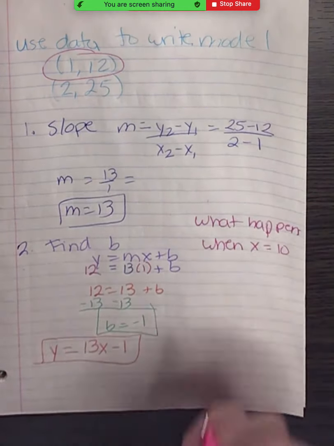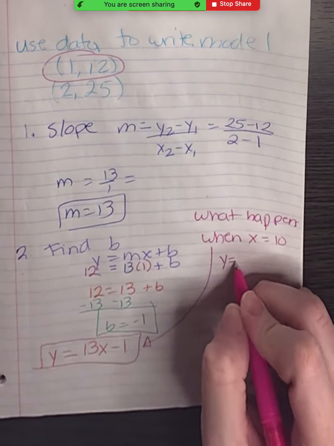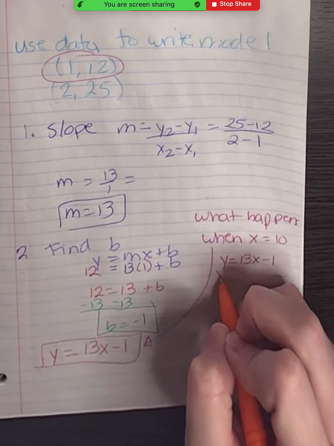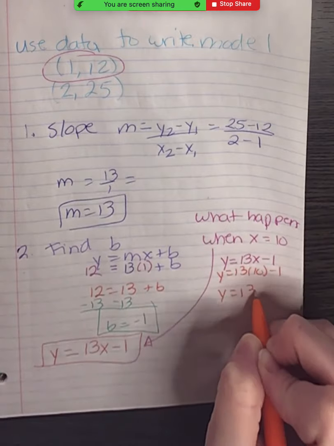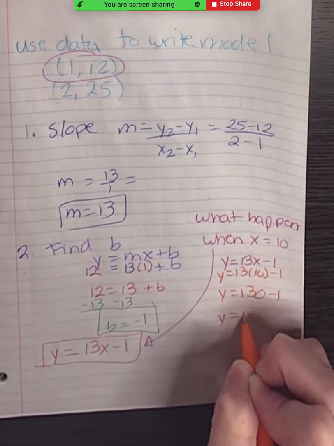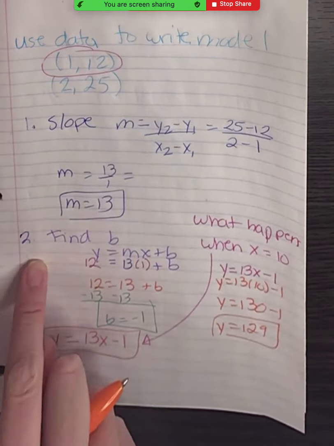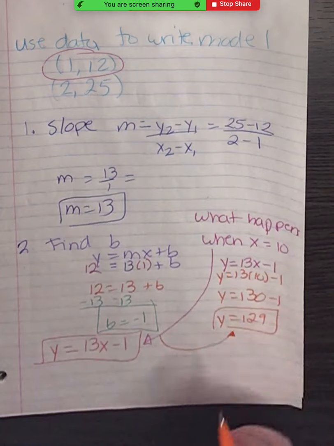Okay, well you have your model, so then all you're going to say is, well, we know y equals 13x minus 1. So when x is 10, we get 13 times 10 minus 1. So we get y equals 129. So we wrote our model, and then we used it to predict what would happen at a later time.